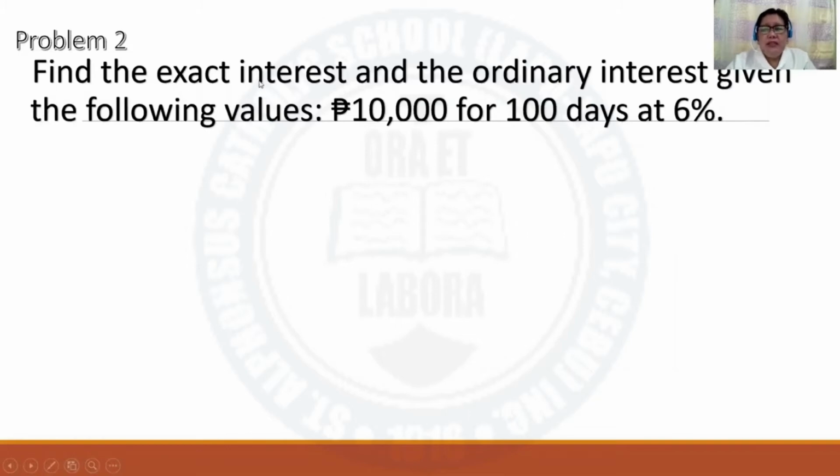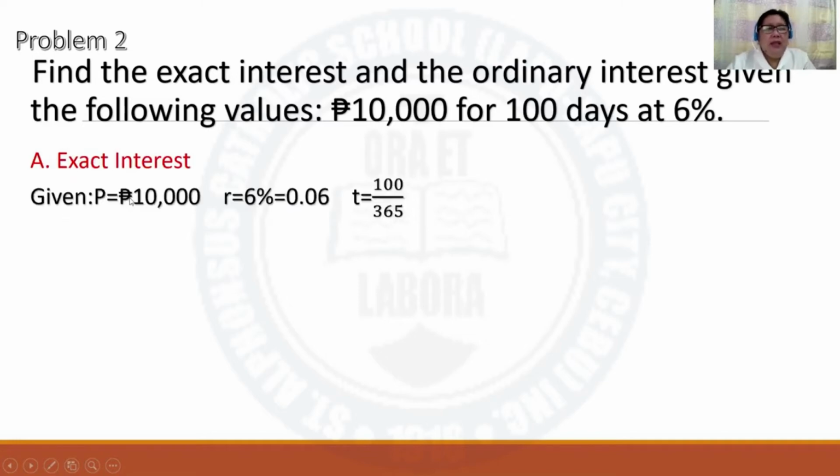Find the exact interest and the ordinary interest given the following values. For exact interest, then we have 10,000 for the principal. The rate is 6%, equivalent to 0.06, and time is 100 over 365.